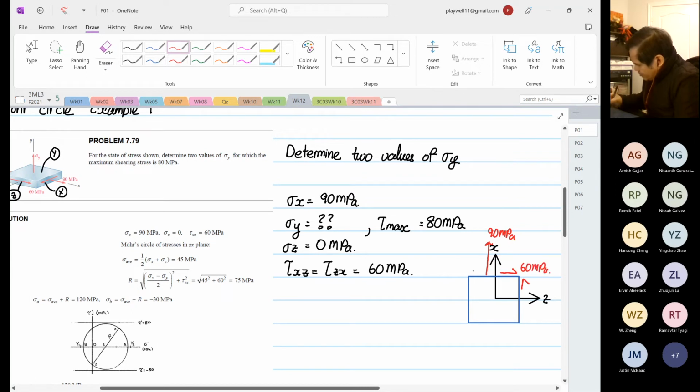So we know the rotation of the element at point X and also at point Z.